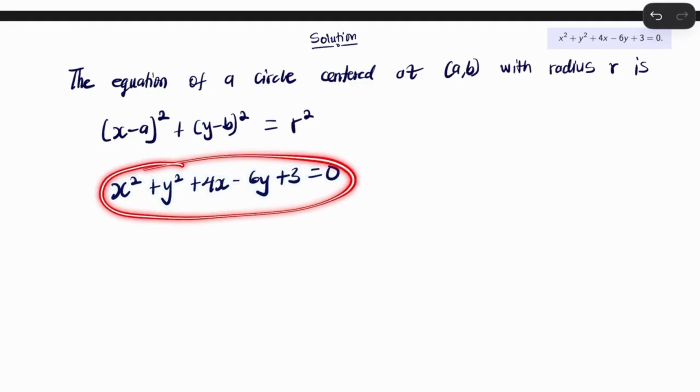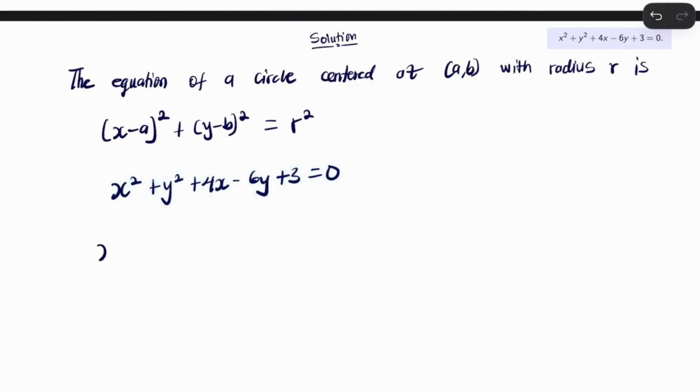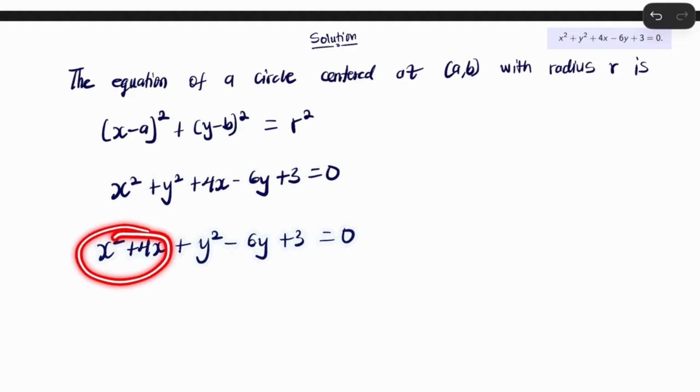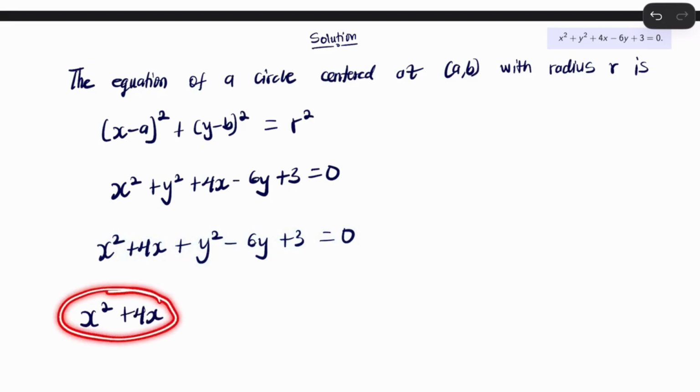Let's rewrite this equation. So we are going to have x squared plus 4x plus y squared minus 6y plus 3 is equal to 0. So here let's take the terms with x and x squared, right? So here we have x squared plus 4x. By the method of completing the square, find half of this.